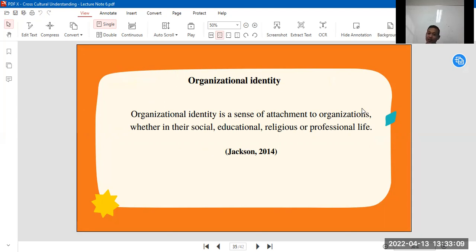Once we join a particular university, we become that organizational identity. Once we join a particular workplace, then we follow the rules in that workplace, and we hold the beliefs in the workplace, and we have the organizational identity, or even in a religious, social, or educational setting, or other things.